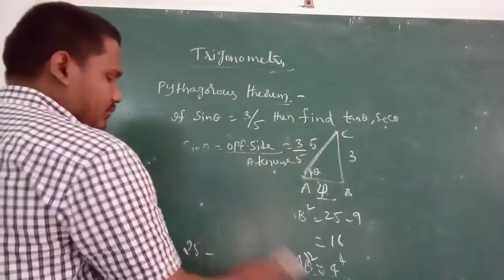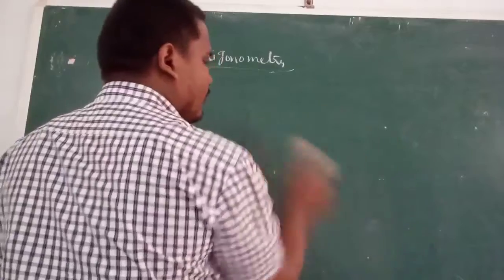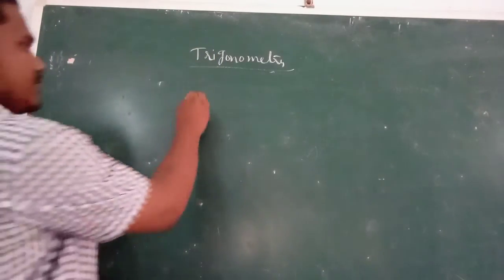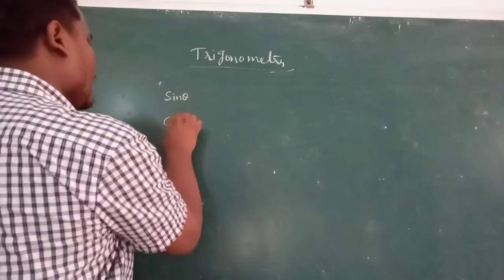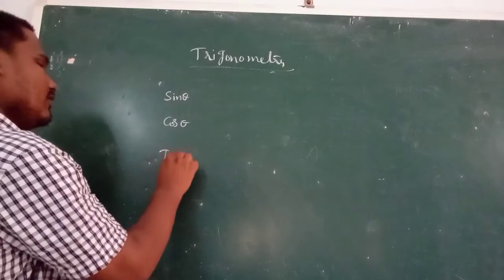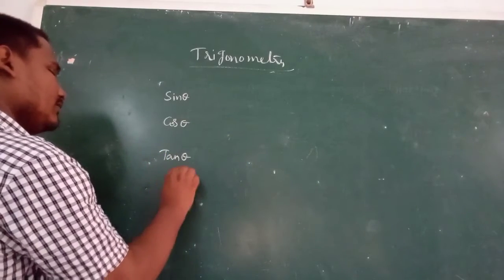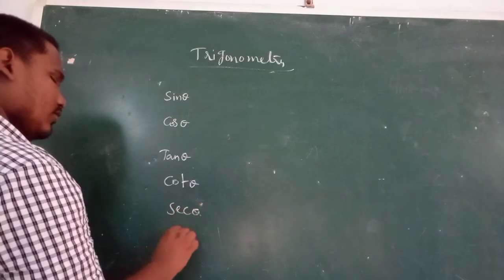Next, we are going to find the values of theta. That is, suppose if you are taking sin theta, cos theta, tan theta, cosecant theta, cot theta, secant theta.